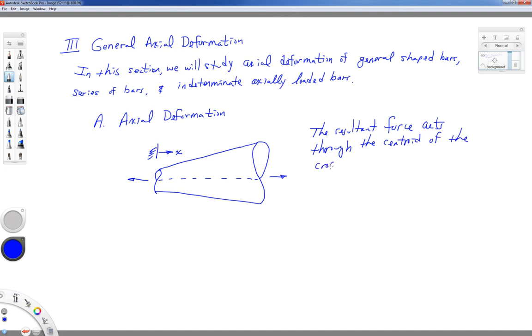So just what we mentioned, resultant force acting down the middle of the cross sections. What that does for us is that keeps us in pure axial loading and no bending. We'll talk about bending later in the course. A little bit more complicated stress distribution in that case. Now the bar could have a changing cross section as I've drawn here.